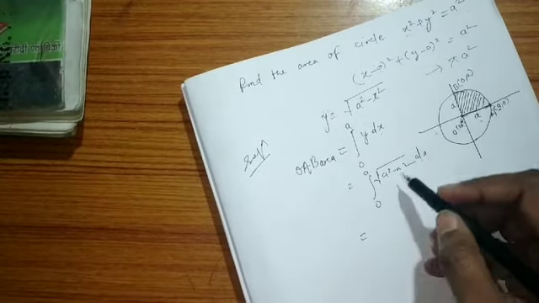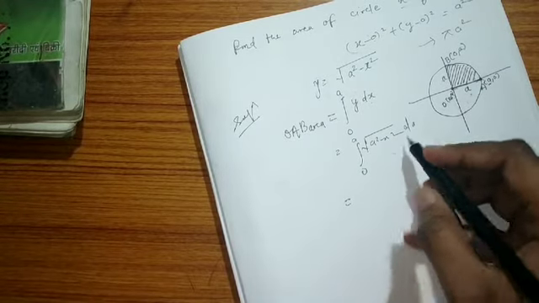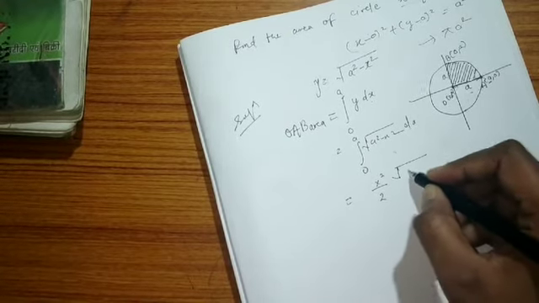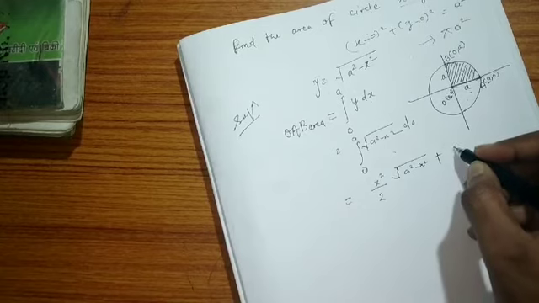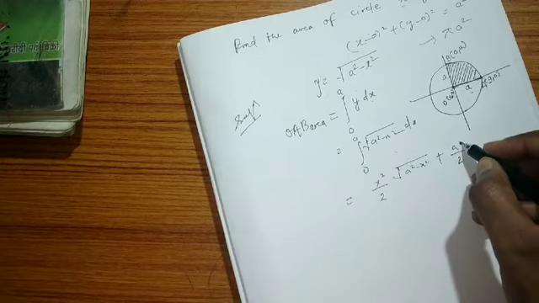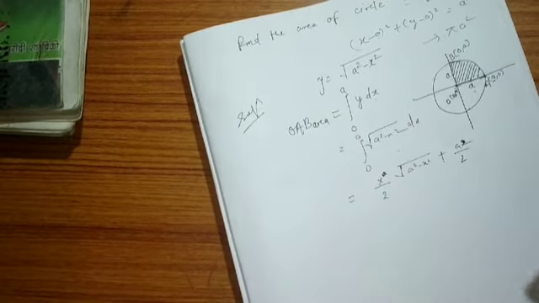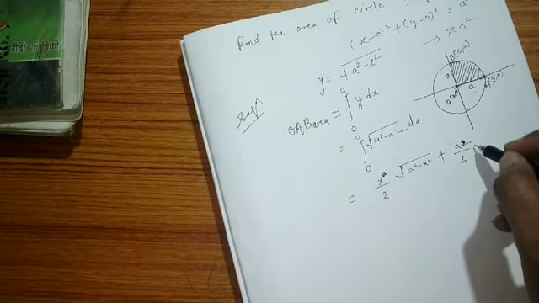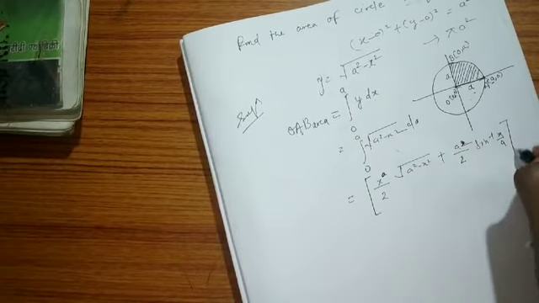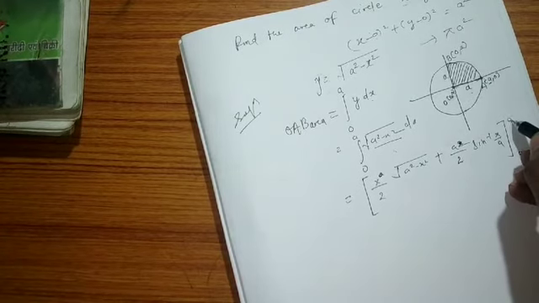The integration of this particular quantity is (x/2)√(a² − x²) + (a²/2) sin⁻¹(x/a). This is the integration of this quantity, and the limits will be 0 to a.